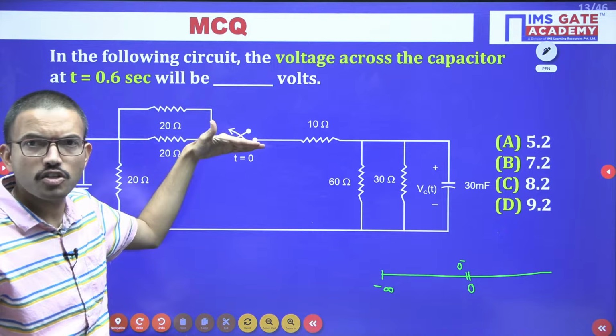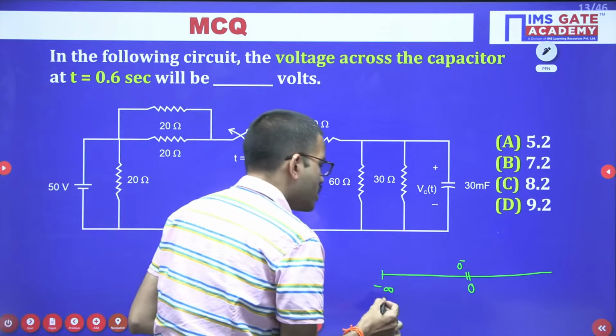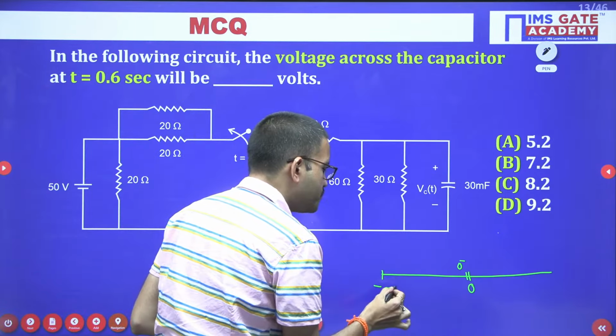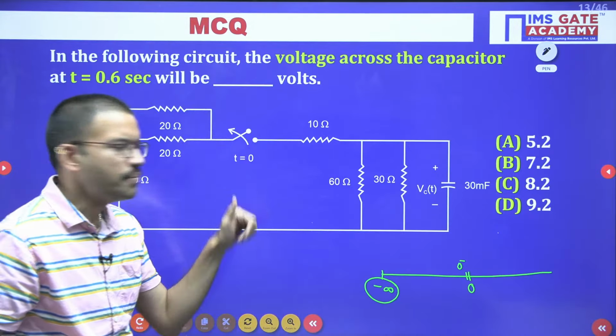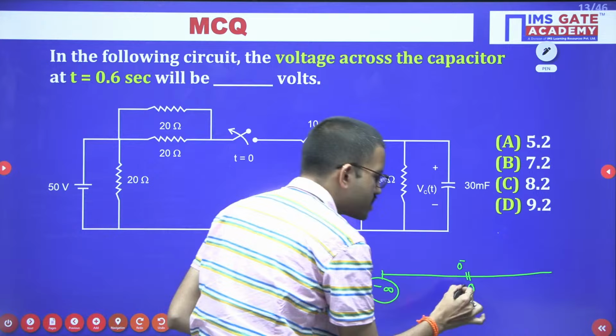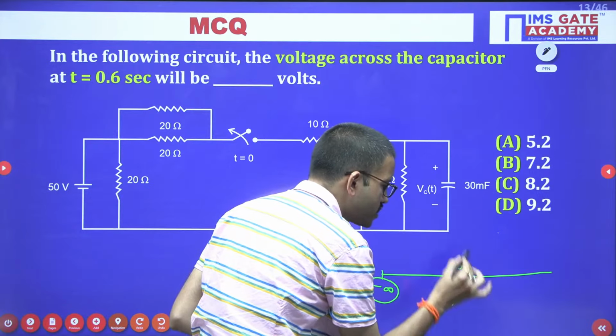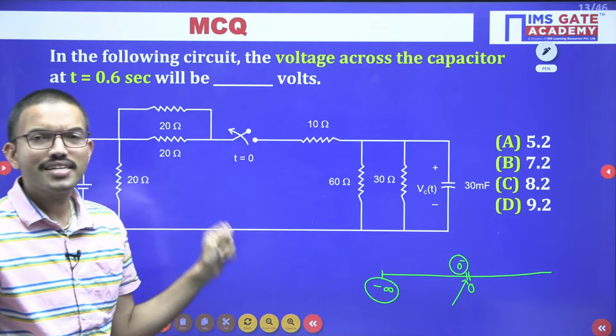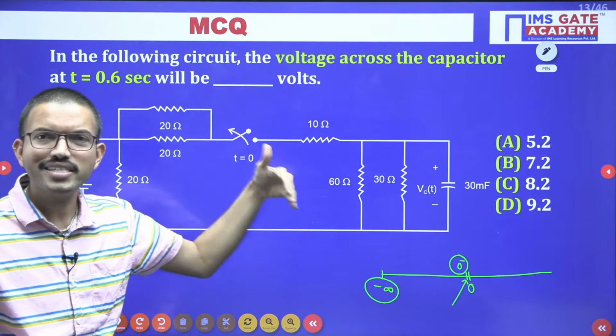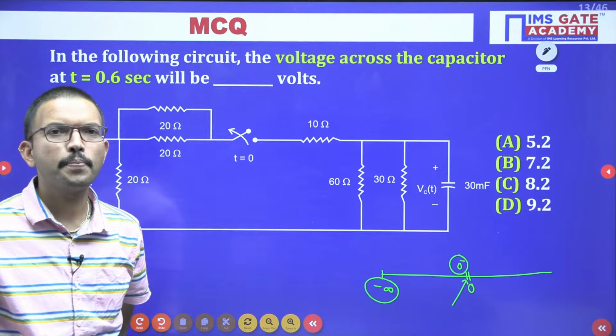Yes, obviously it is in the closed position. Since you already operated the circuit at t equal to minus infinity, at t equal to 0 minus instant, has the circuit already reached the steady state or not? All of you please respond.